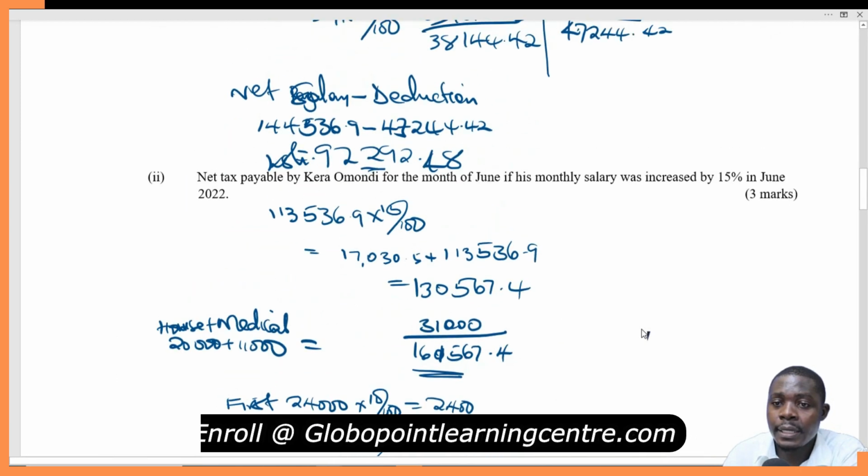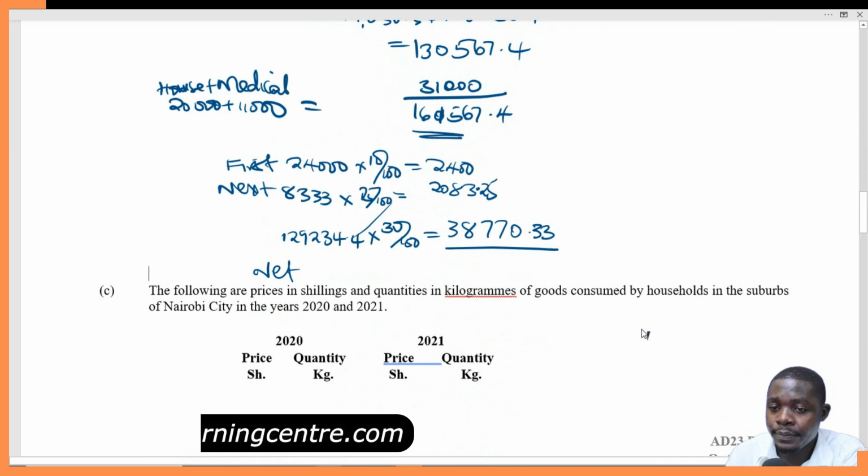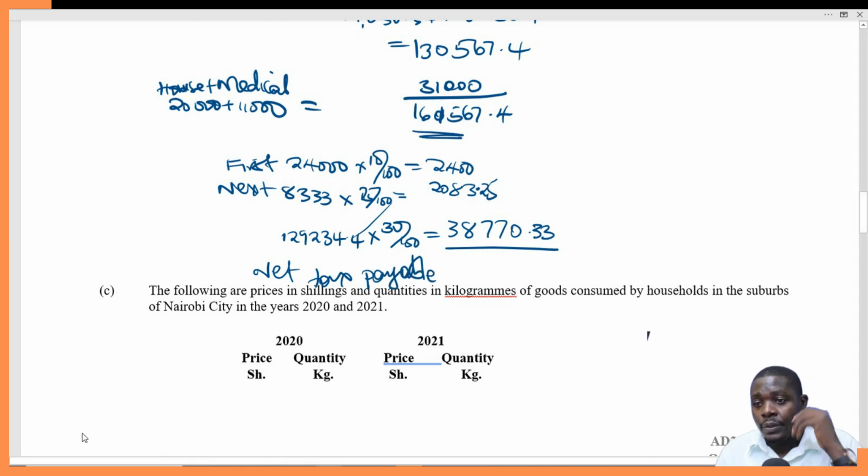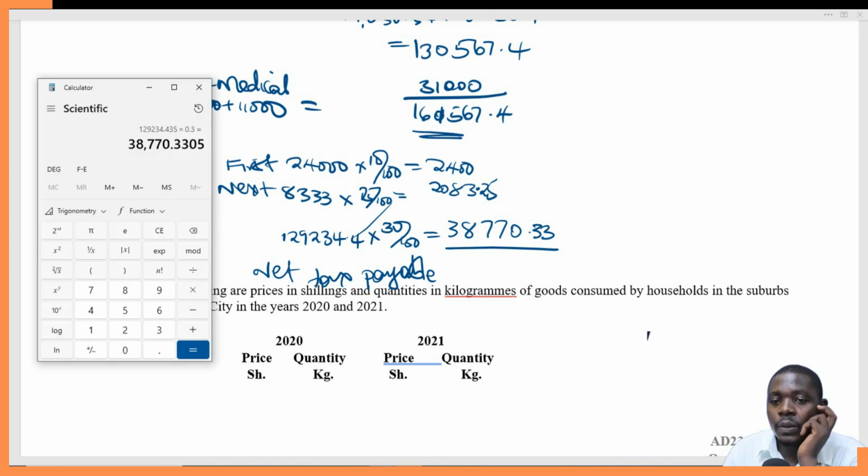net tax payable. Okay, you have this. We are adding 2,400. You also add 2083.25.